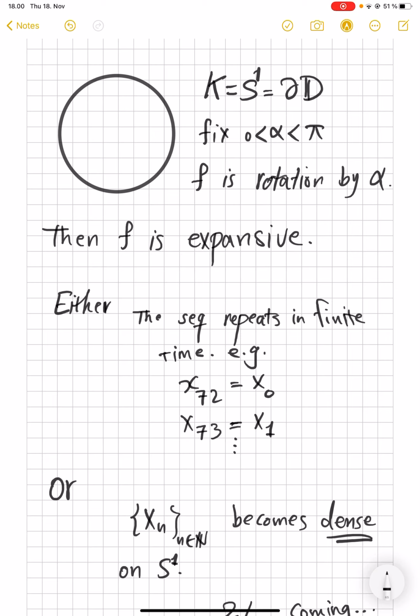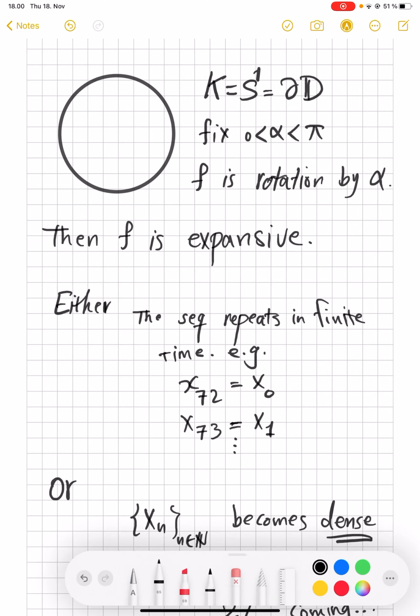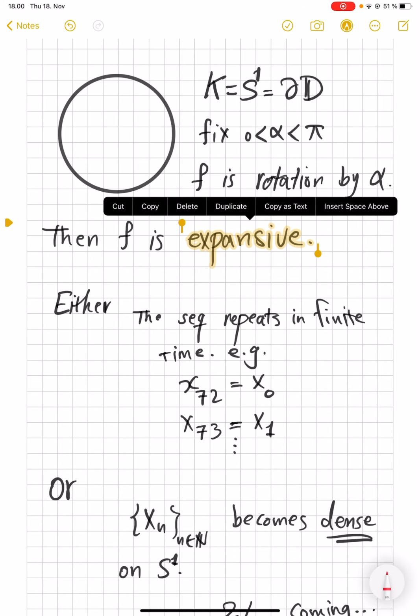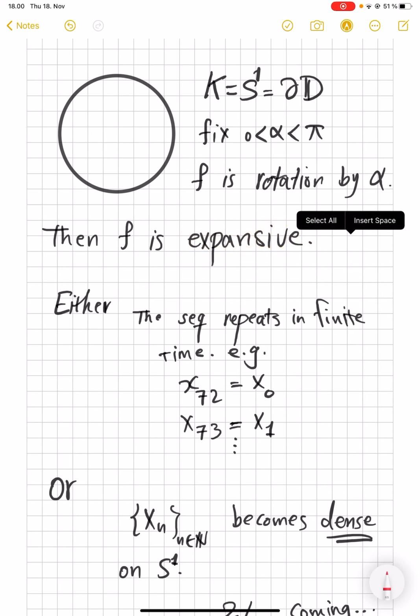So f applied to any point on the circle means rotated by alpha. Then f satisfies the definition of expansiveness. Indeed, f is just an isometry, and in the follow-up video we will see that that is expected.